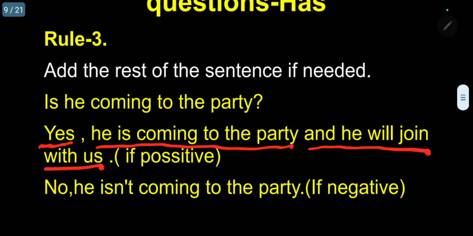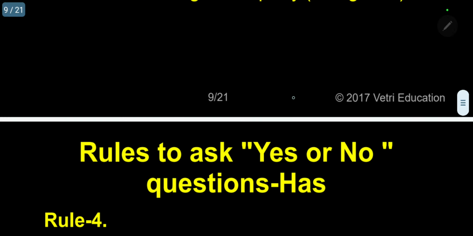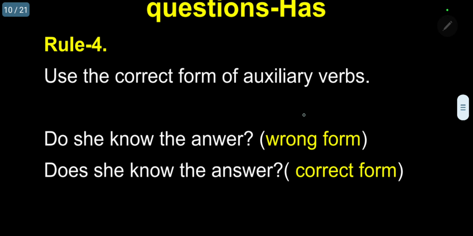And he will join with us is the extra, the rest of the sentence we are adding. If it is negative, no problem. No, he isn't coming to the party. Negative.